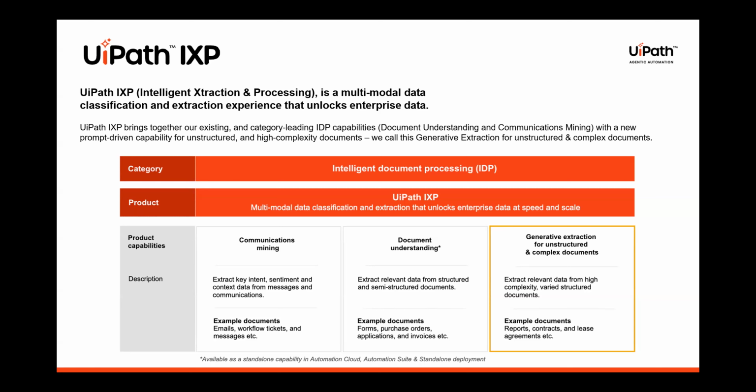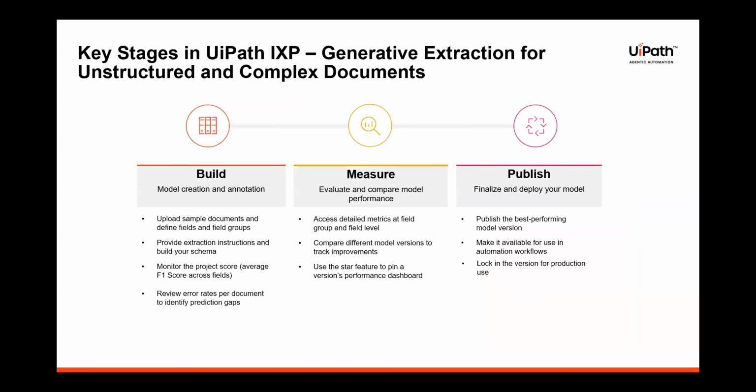This generative extraction is specifically trained on free flow documents, highly complex documents, tables, etc. So all we need to write is just a prompt. In this session, we mostly cover generative extraction for unstructured and complex documents, where we basically have 3 stages: build, measure, publish. We can go over it later on in the demo as well.